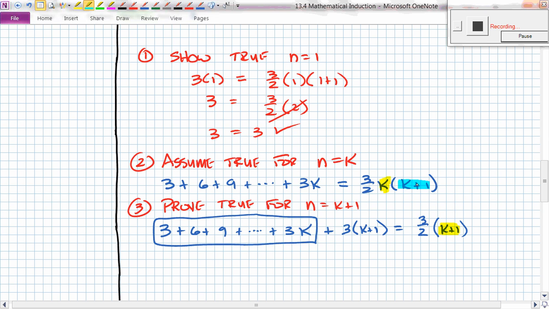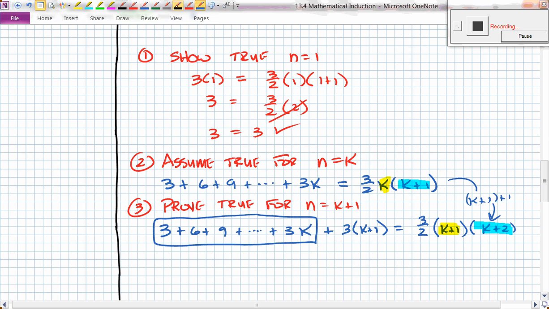There's 2 k plus 1s. This becomes k plus 1 plus 1, which becomes k plus 2. How did that become k plus 2? Because you substitute k plus 1 for k. K plus 1 plus 1. I get it.